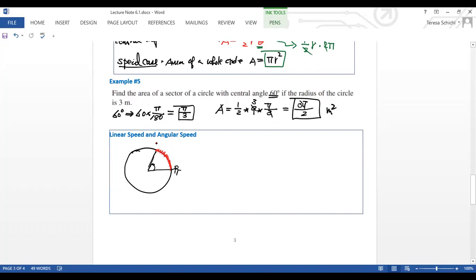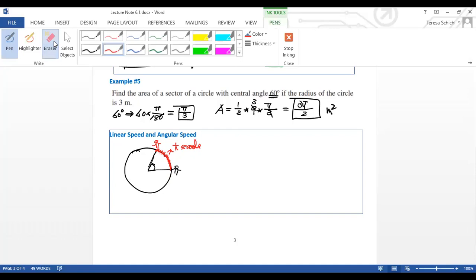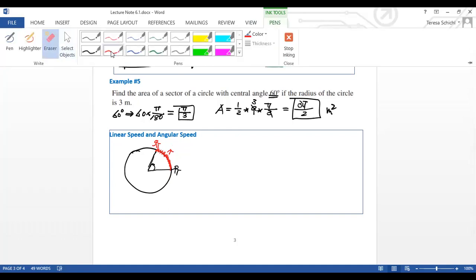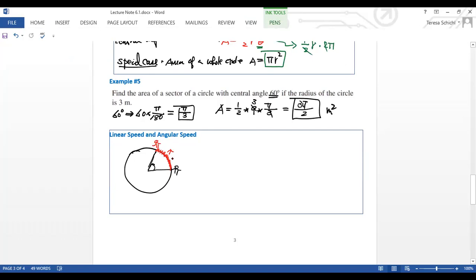If it takes time t for the person to come to here, it doesn't have to be seconds or minutes, whatever your time measure is, could be seconds, minutes, hours, or whatever.